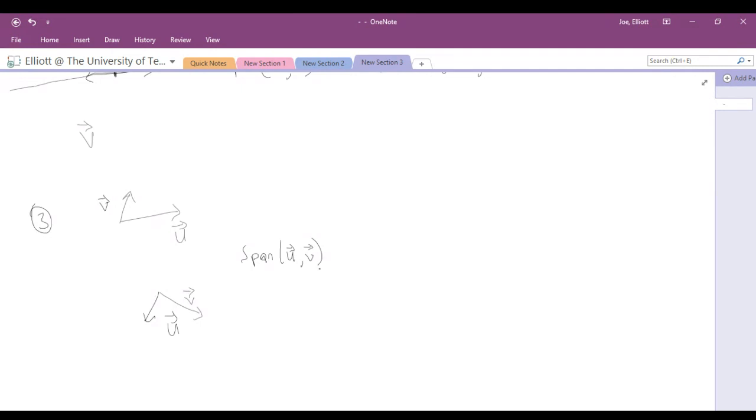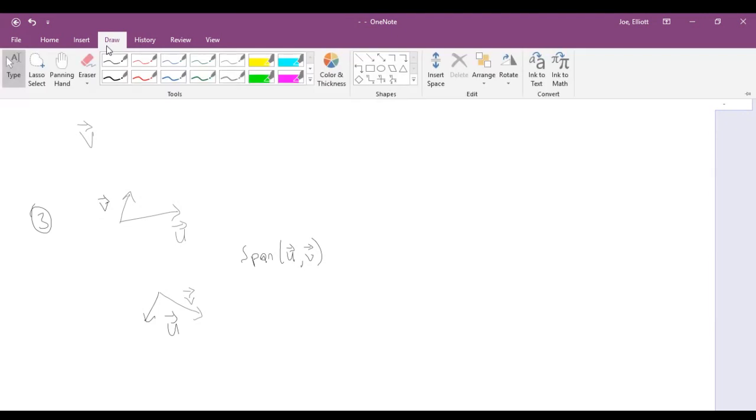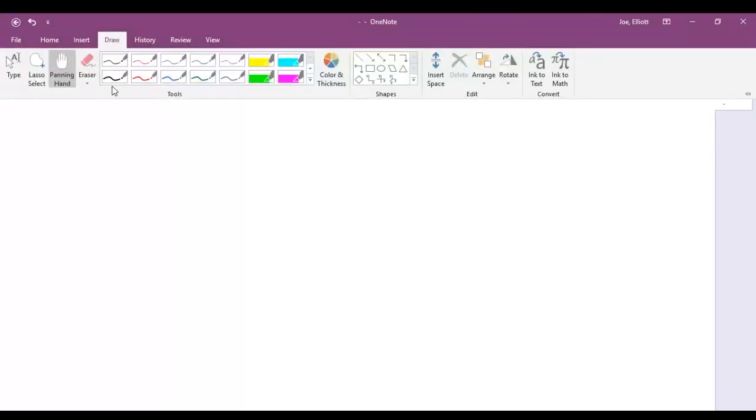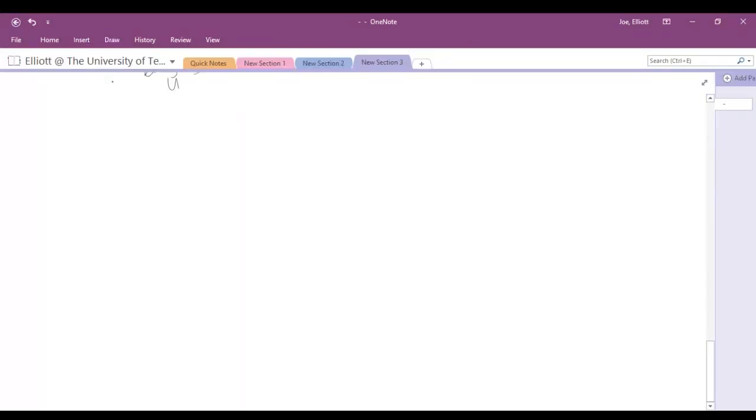Now let's take a look at an example which is going to be in 3 dimensions, and it's going to be using some numbers as well. Let's suppose first that we have 2 vectors. These will be vectors in R3.